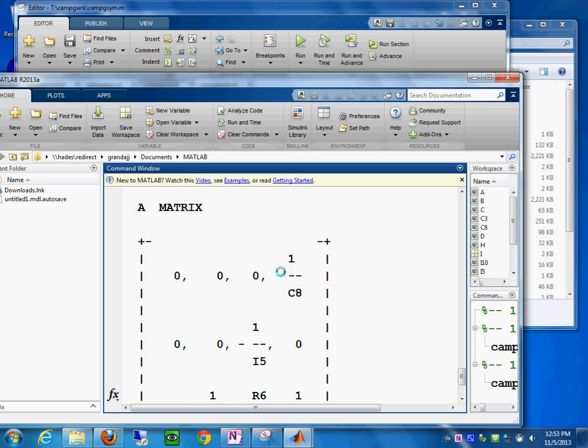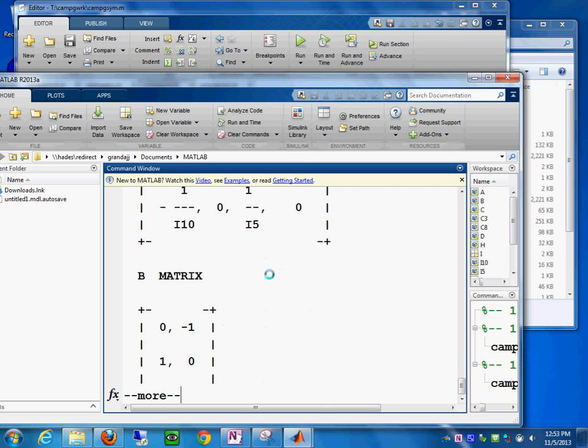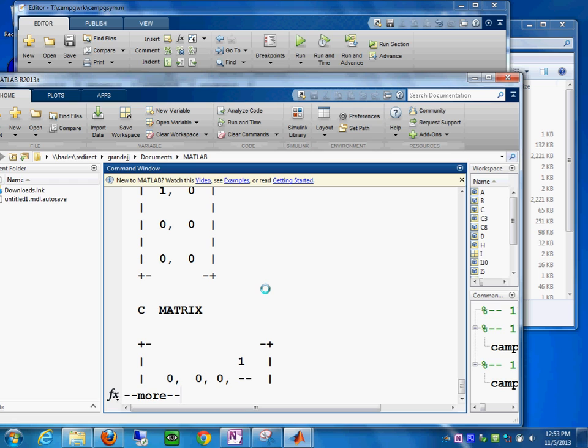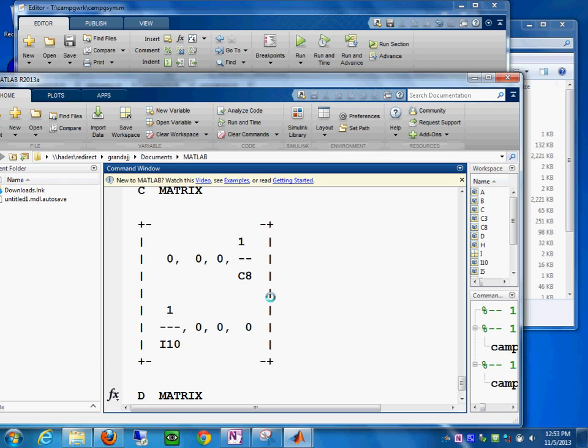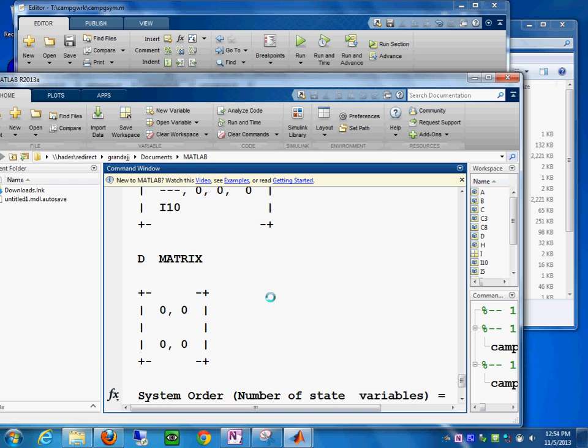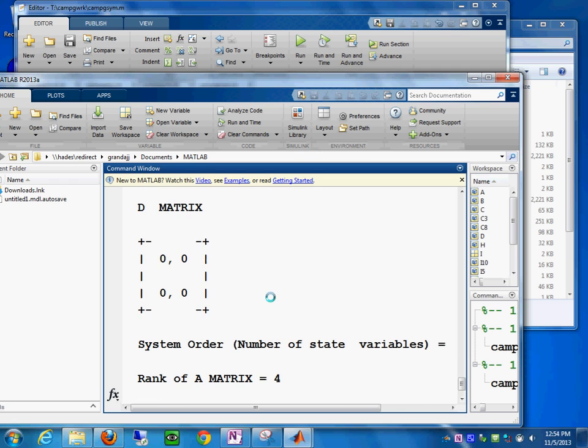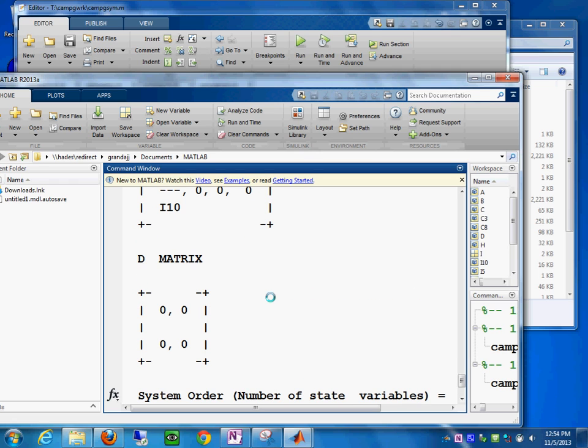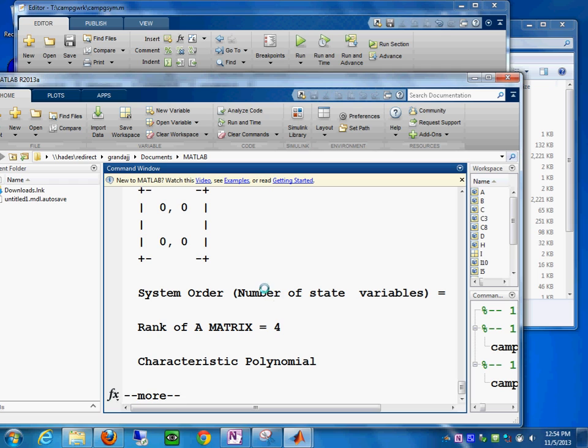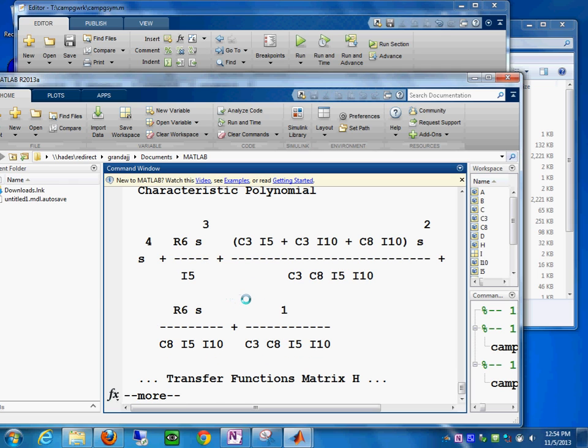That's the A matrix as before, and that's the B matrix here, but now it has the C as well as the D matrix together. So we have the whole state space form, and that's all we need. This will give you the characteristic polynomial in here in symbolic form.